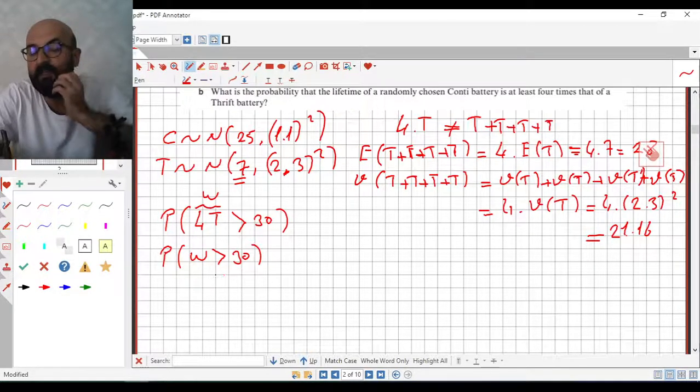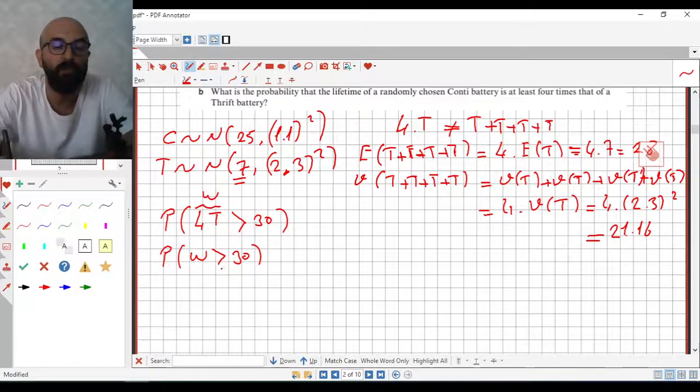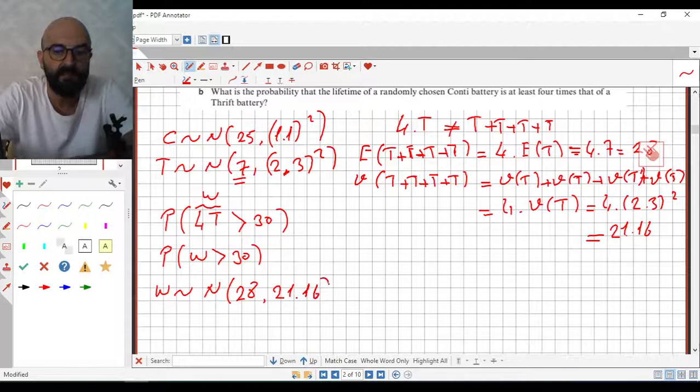For W, in the normal distribution, the expectation value is 28 and the variance is 21.16.